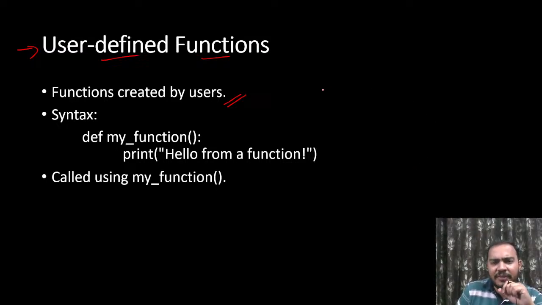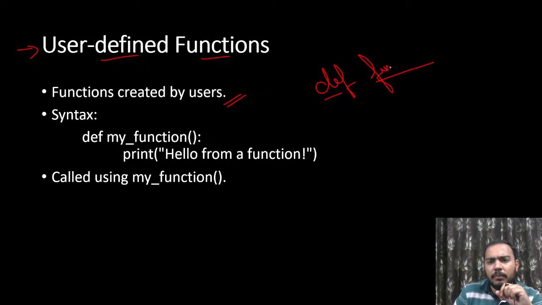For creating a function in Python, a user has to write a def keyword before the function name, then the function name, and then we have to put these parentheses, and then we have to use this colon symbol. Now, this def keyword will help your Python environment to understand that a function definition is starting.